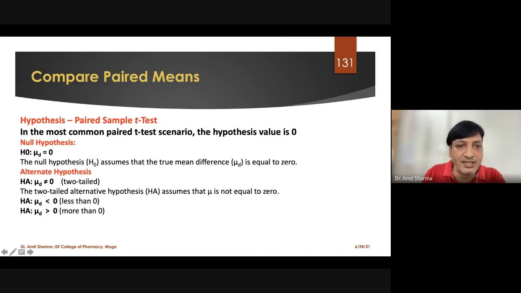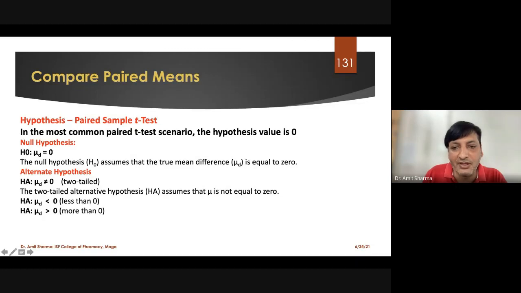As we discussed the hypothesis for all the tests, we will discuss the hypothesis for the paired sample t-test also. In the most common paired t scenario, the hypothesis value is 0. In all of the tests, we were comparing the samples.